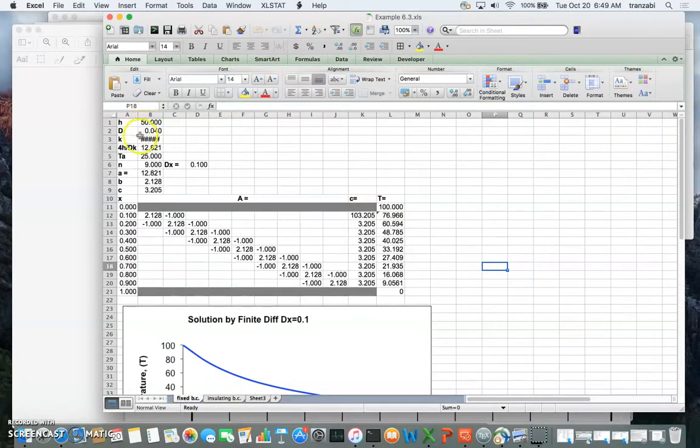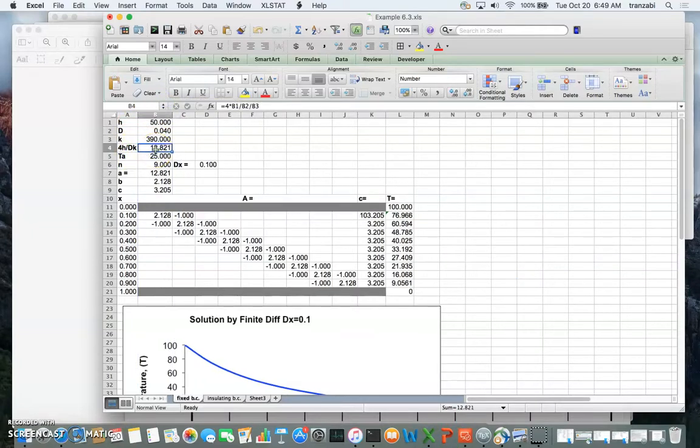I have hdk, a simplified version of 4h/dk, as a lump constant. The number of unknowns n is 9 because I have 9 intermediate points. With the interval of 0.1, I have 11 points including the 2 endpoints, but the first and the last are known, so the 9 points in between are unknown.